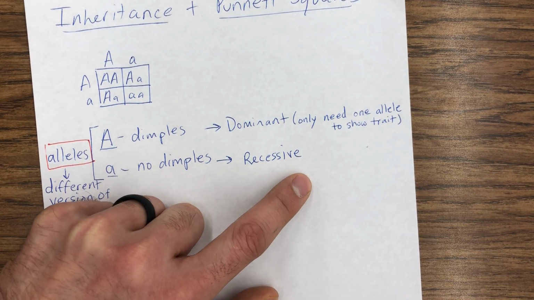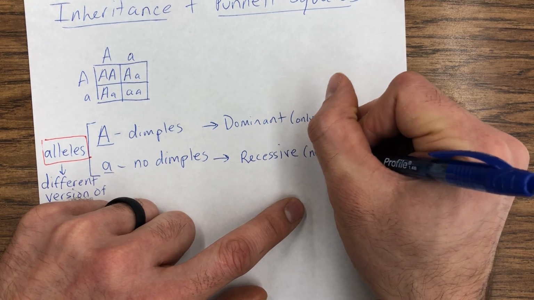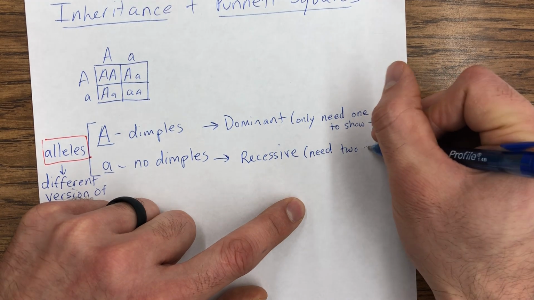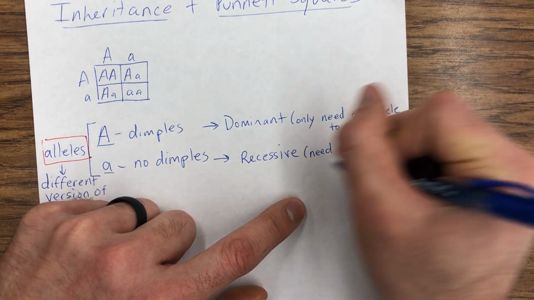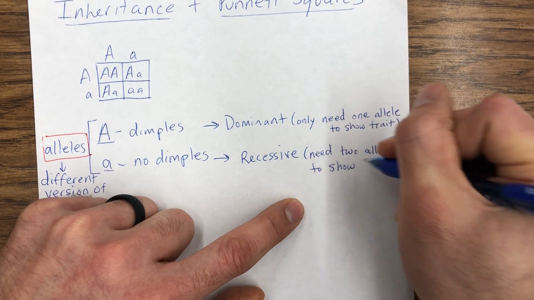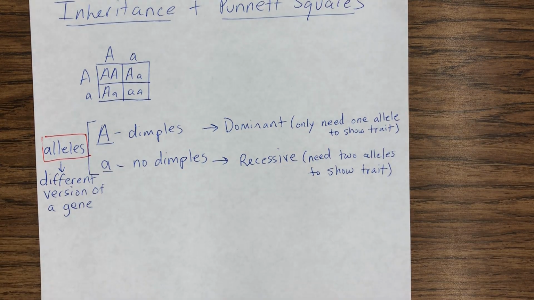That doesn't make sense now, we will get to it in a little bit. And for recessive, you need two recessive alleles to show the trait. All right, so we have dominant and recessive genes.